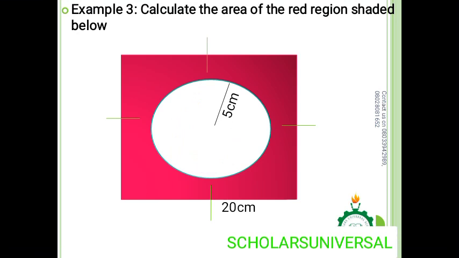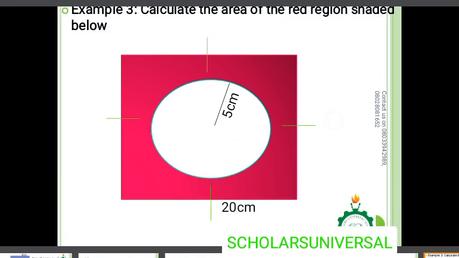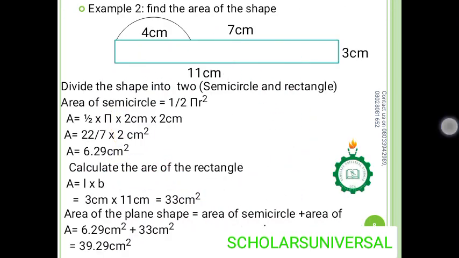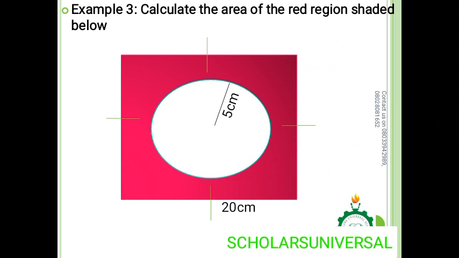So we have been given one of the sides of this square to be what? 20 centimeter. Now we are asked to find the area of the red region. How are we going to do that? You need to first find the area of this square, and after that you find the area of the circle. Then you subtract the area of the circle from that of the square, and that should give you the area of the shaded portion.